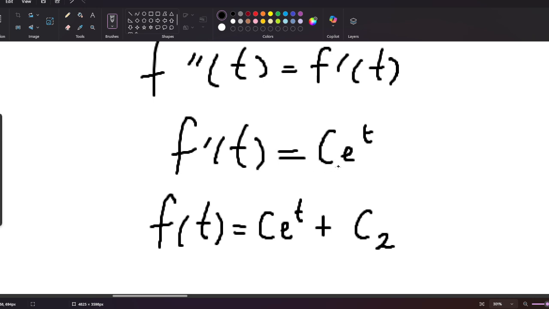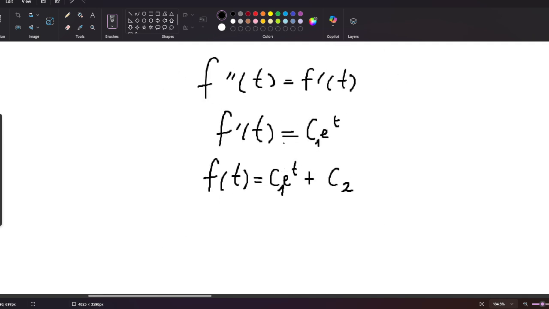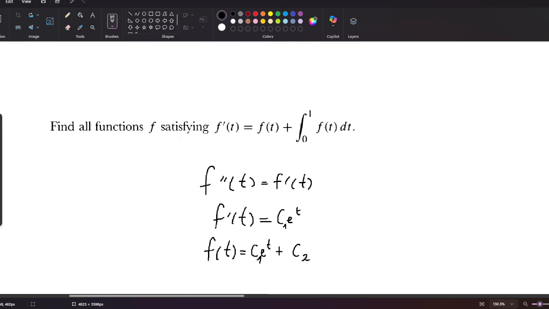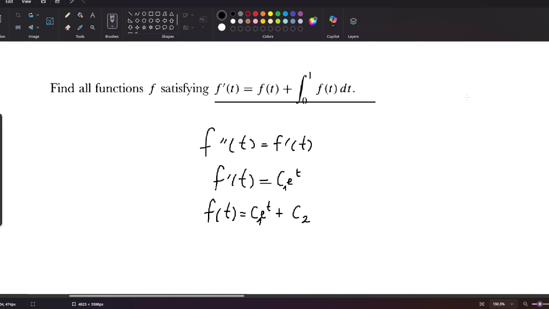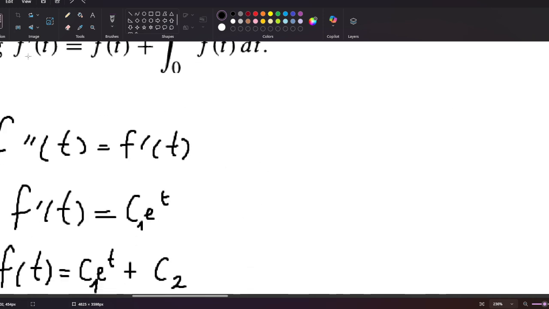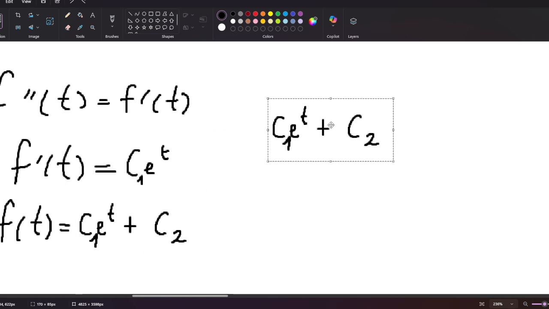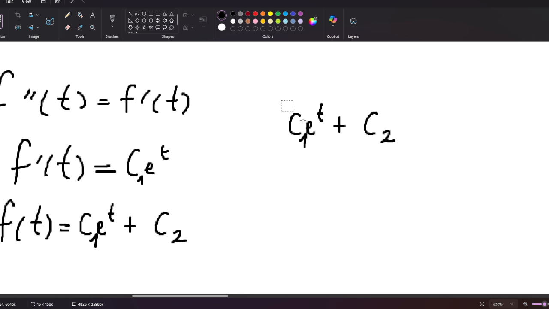So now let's mark both constants with C1 instead of just C. It's nicer, more systematic. And now let's plug this into the original equation to find the constants. So we're going to have this equals, and let's find the definite integral real quick.